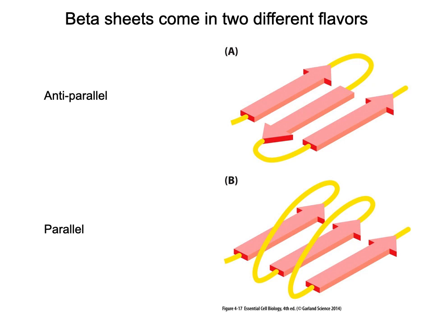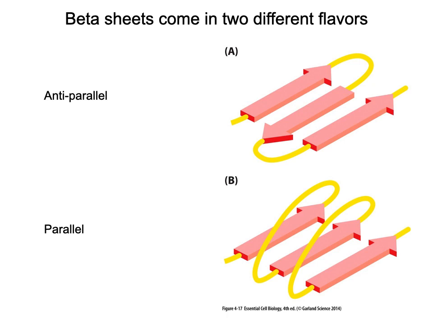So for beta sheets, there's going to be two different flavors, if you will. So anti-parallel, as I had mentioned, is probably the more common one because this allows for short turns in the protein. But there's also parallel beta sheets. So they're going to run in the same direction.